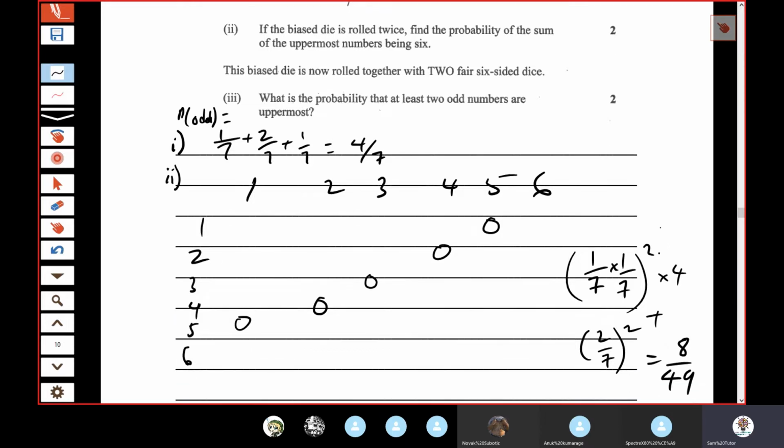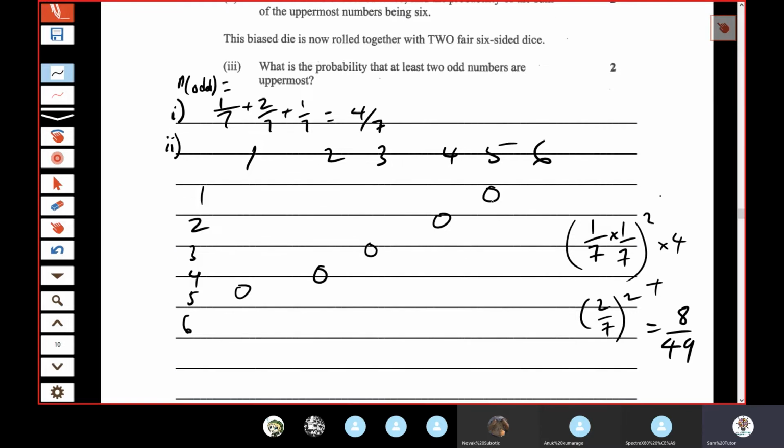Why did I square it? I'm losing my train of thought here. This is really bad. 1/7 for 5. Yes, I picked the 5, 1/7. I picked the 1/7. Why did I square it? 2 on 7 times 2/7.